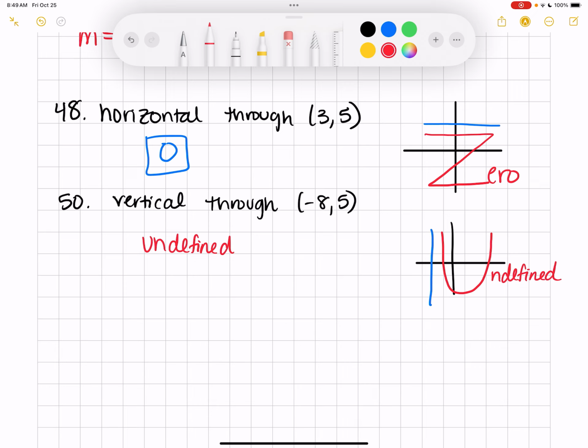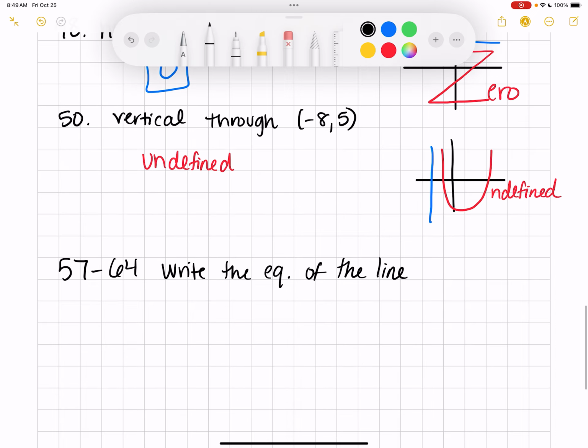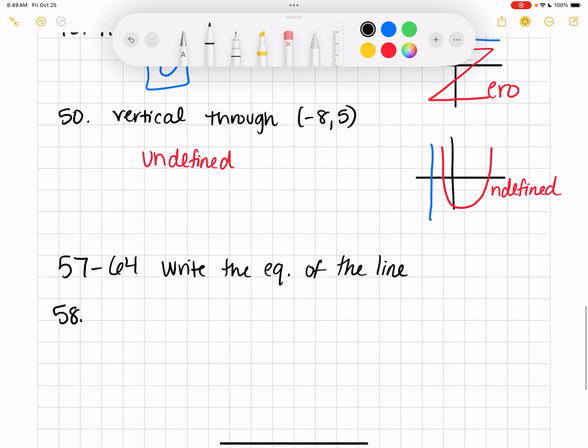So 57 through 64 say to graph the line. I just want you to write the equation of the line instead. So they give us, like number 58, the point -2, 8, and a slope of 2/5. So I need to use point slope form, which is y minus y1 equals m times x minus x1.